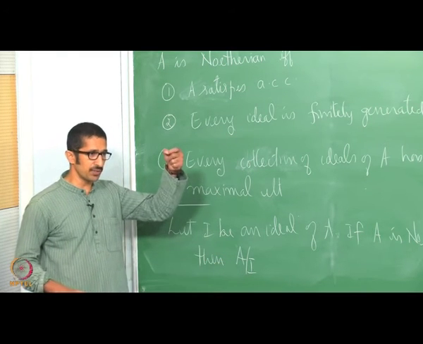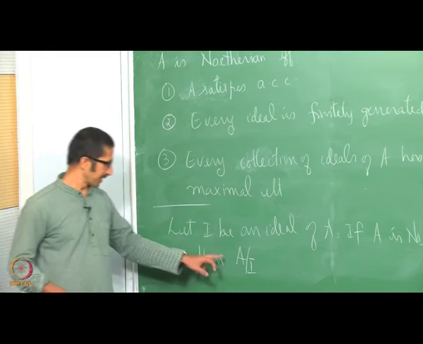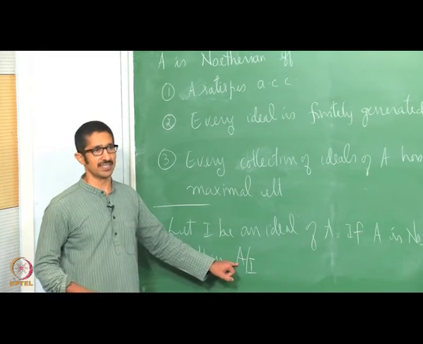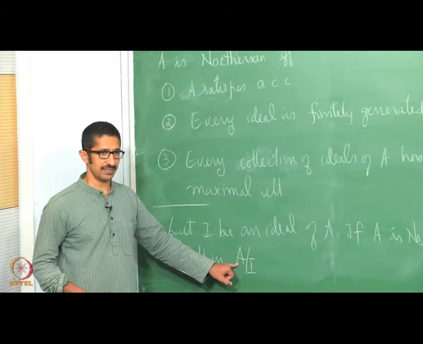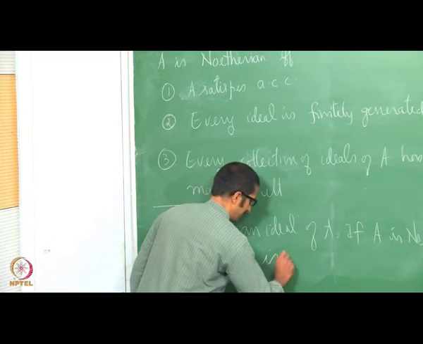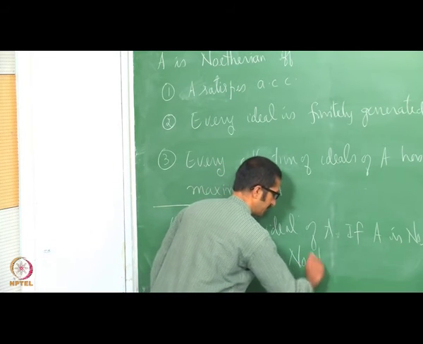So, if I take those generating set and look at their images in A mod I, that will generate J mod I. So, every ideal of A mod I is finitely generated, therefore, this is Noetherian.